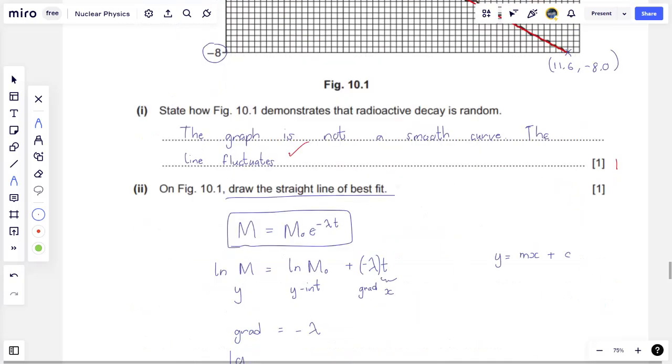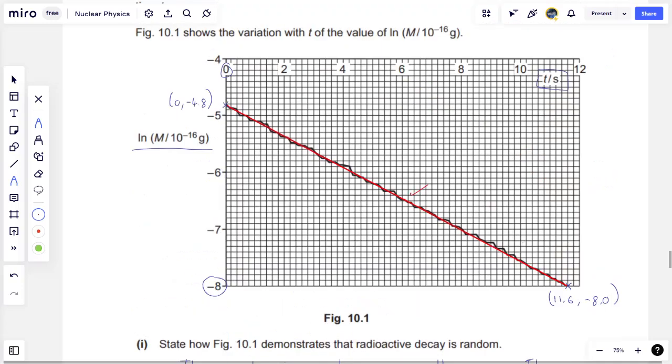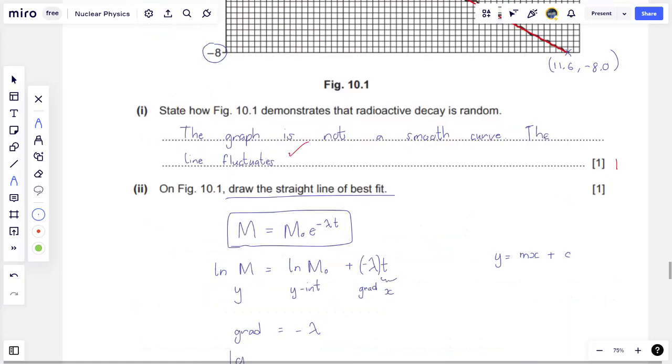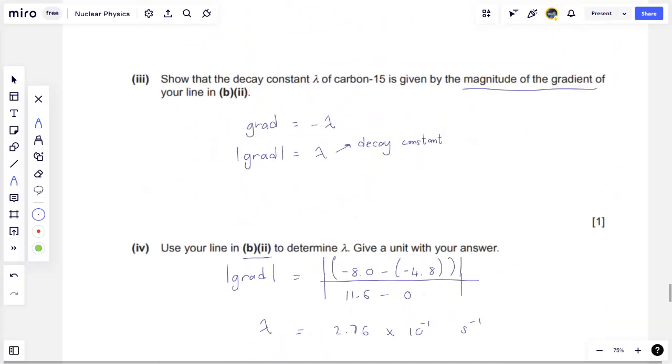Then we are told to draw the line of best fit. No surprises, drawing a solid, sharp, straight line that is the best line that balances all the points scores you a mark. Then we are asked to show that the decay constant lambda is given by the magnitude of the gradient.